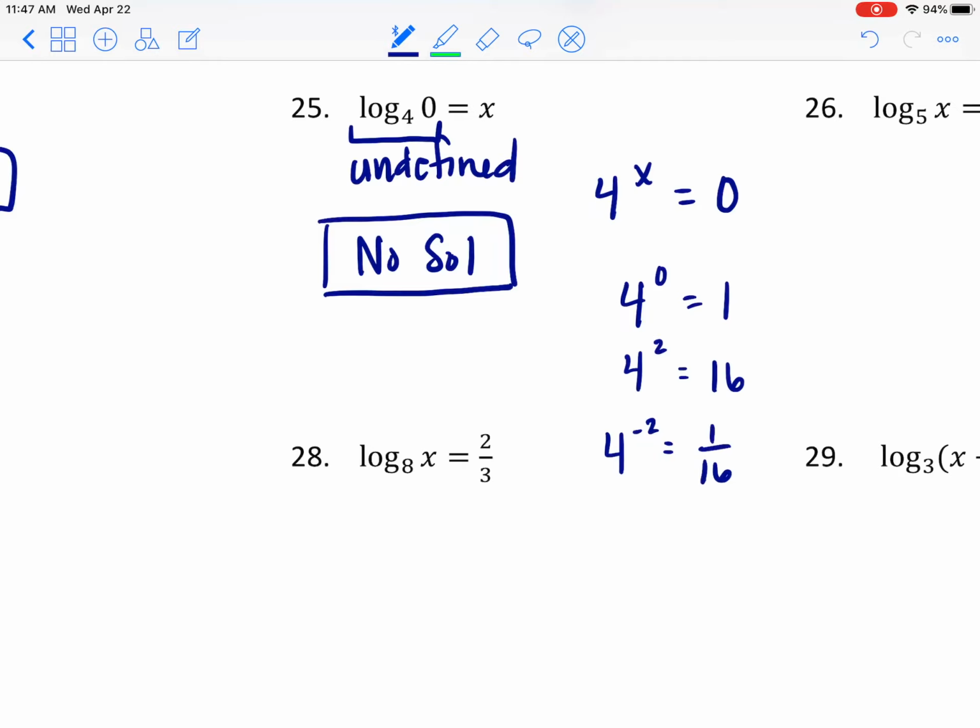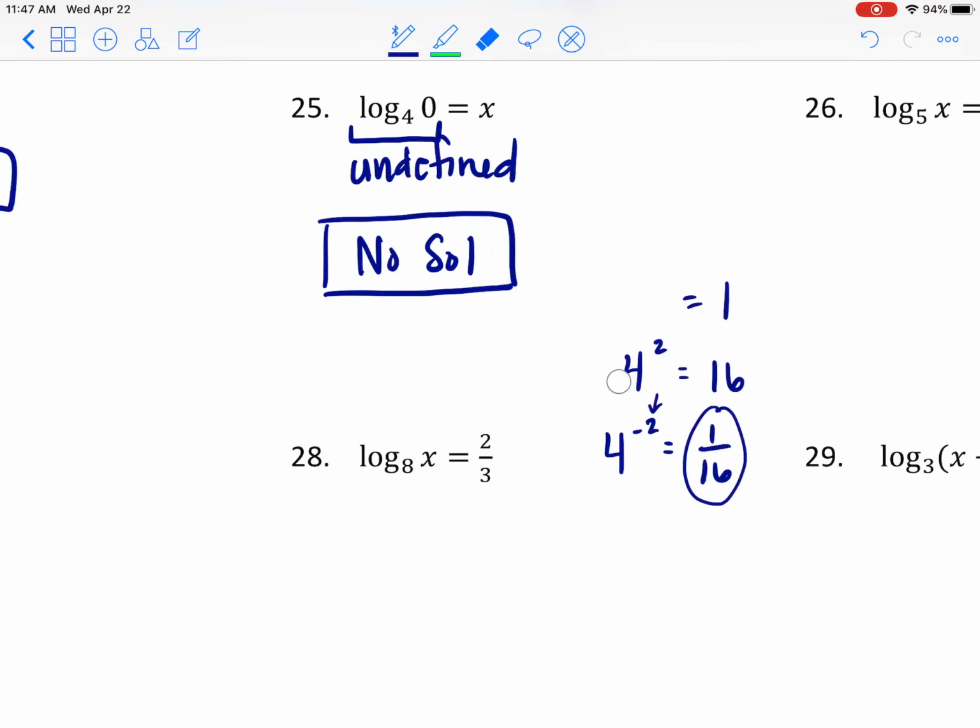If I raise 4 to any positive power, let's say 2, then I get 16. If I raise 4 to a negative power, then I just get a fraction of what I got with the positive power. In no way am I going to be able to raise a number to a power and get it to be 0. Okay, I can make the fraction smaller and smaller by making the exponent smaller and smaller, but no matter how small it gets, I still have a fractional value here.